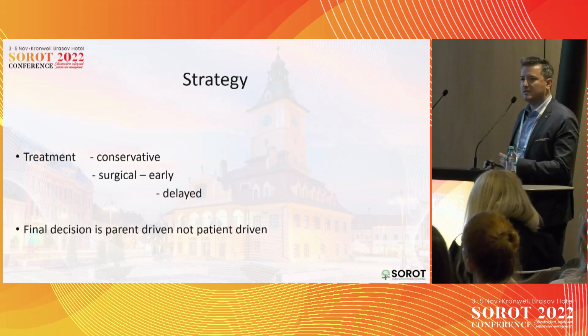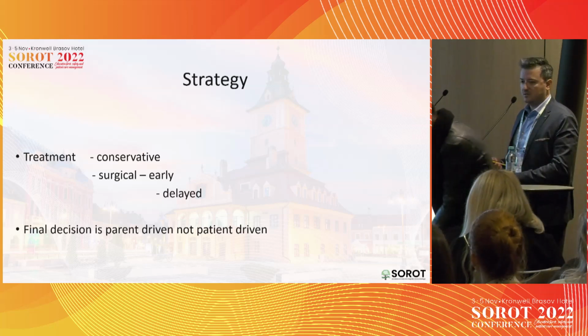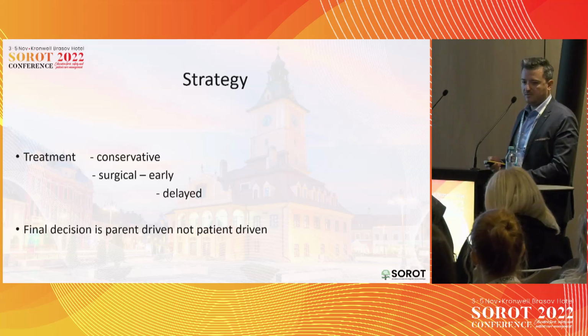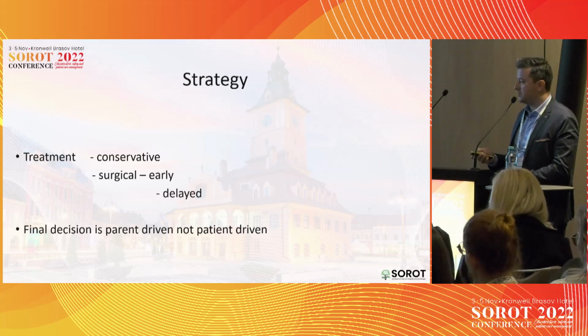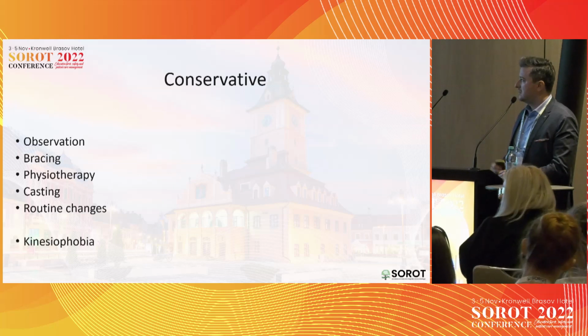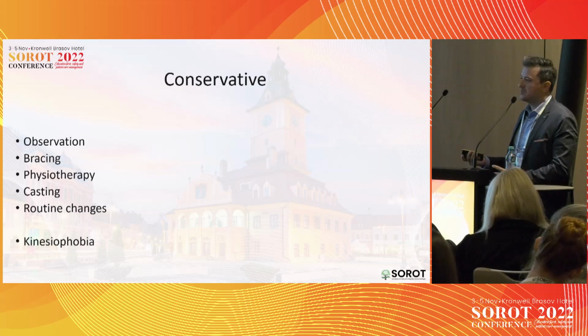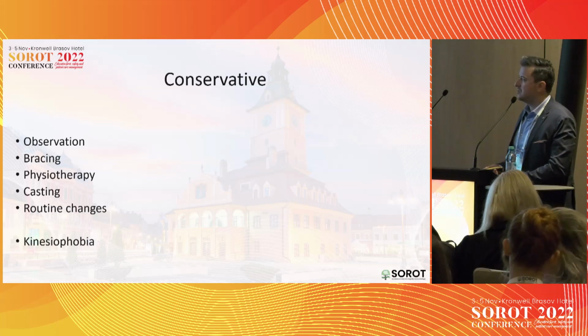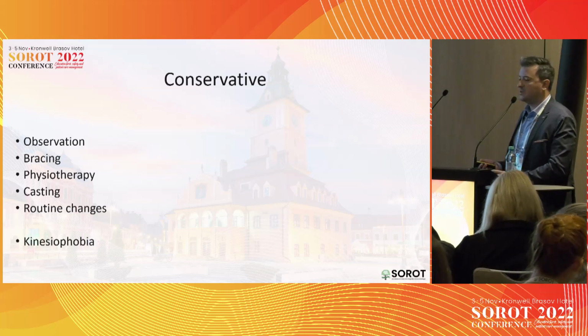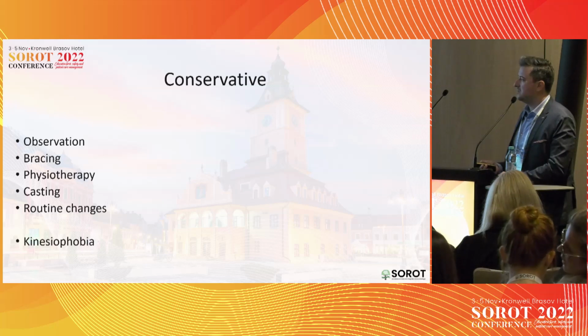So this can be a challenge on its own, and we have to get the compliance from the parents and also from the children. Conservative: you have basic observation, where you do nothing, just watch and see how things are going. Bracing and physiotherapy can be an alternative.